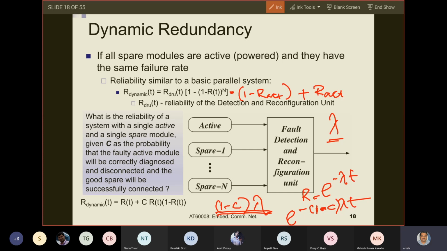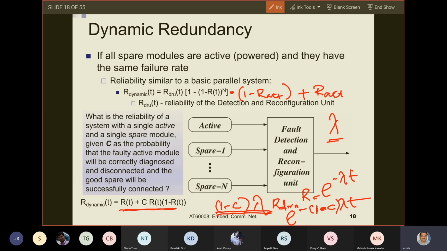With this, if I multiply RDRU, why is RDRU still required? Because in this example, we did not talk about RDRU. So if we have RDRU, the probability that the active module will be correctly diagnosed... just a minute.